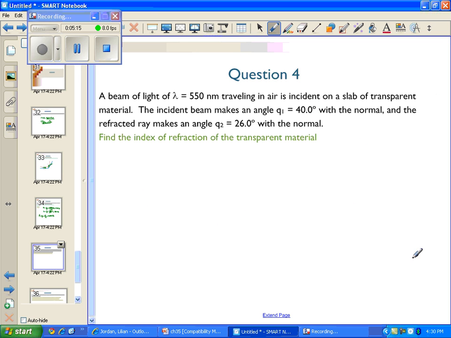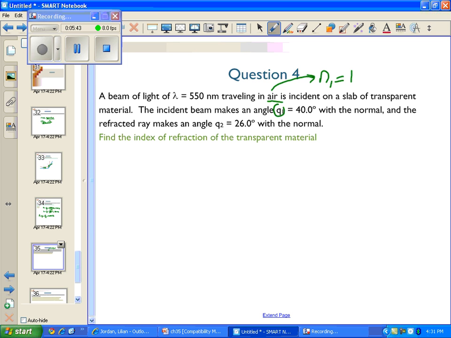Next question. Here we are told that a beam of light of wavelength 550 nanometers travels in air and reaches an interface where there is a transparent material. So this tells us that air is medium 1 and N1 is equal to 1. The incident beam makes an angle.